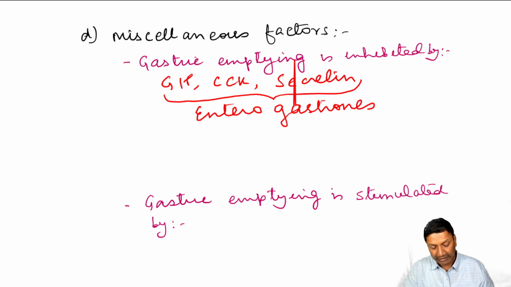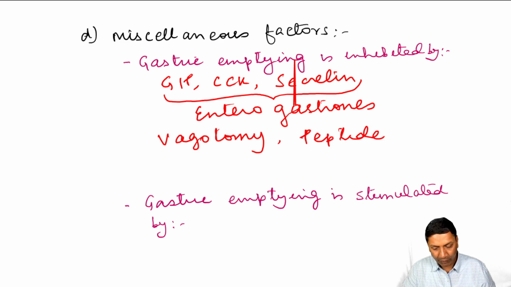And the gastric emptying is also inhibited by removal of the vagus nerve, also called vagotomy, right? Also by the neurotransmitter peptide YY, and the gastric emptying is also inhibited by fear, right?